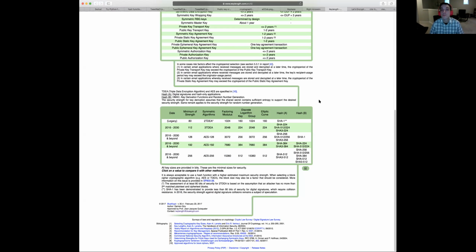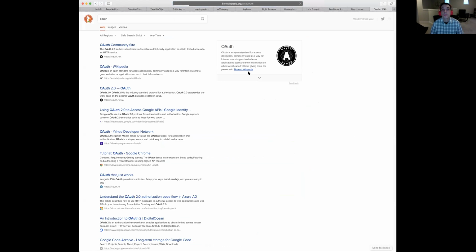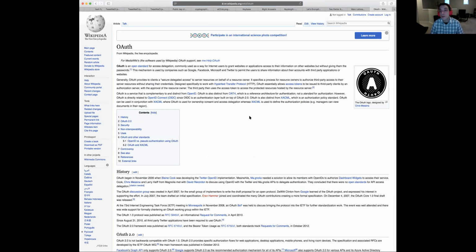So what are some other best practices then, besides doing your homework, using the good tools and using them properly? Use OAuth integrated logins. And specifically OAuth 2, you'll possibly just see it called OAuth these days, but OAuth is an open standard for authorization and logging in.